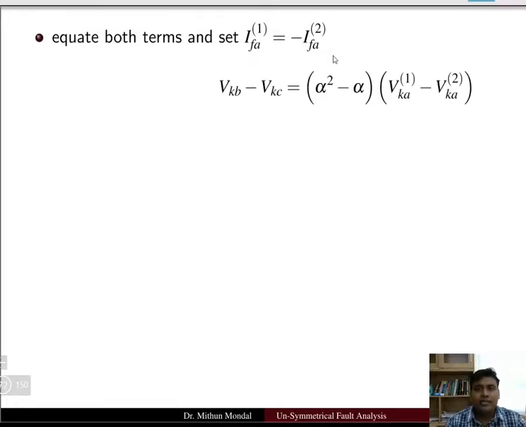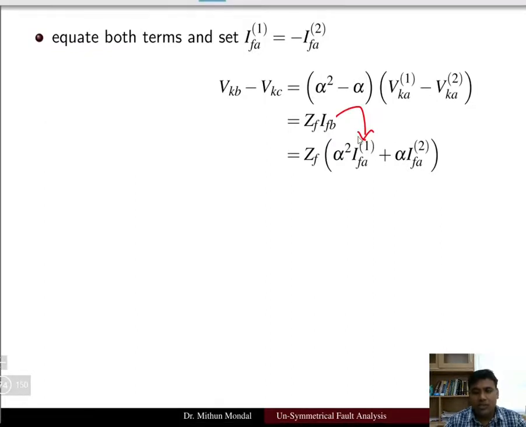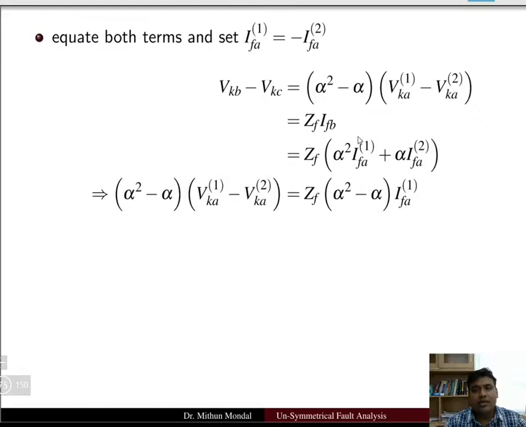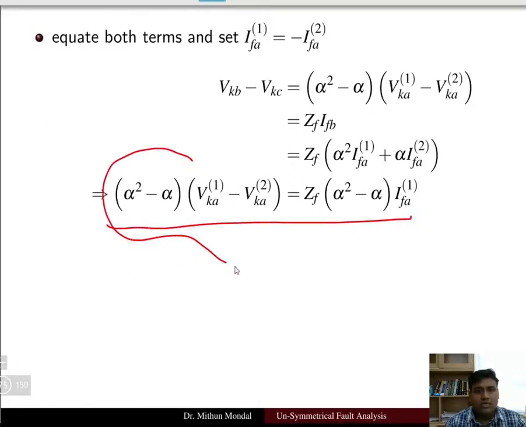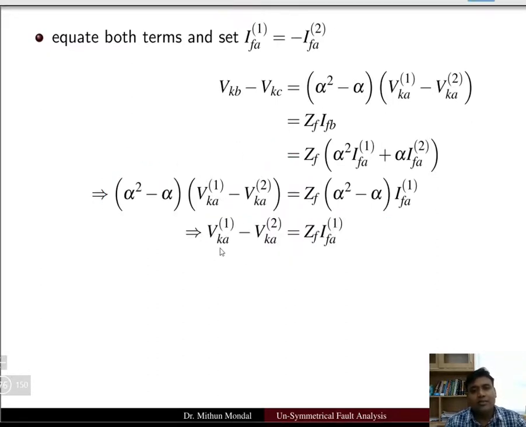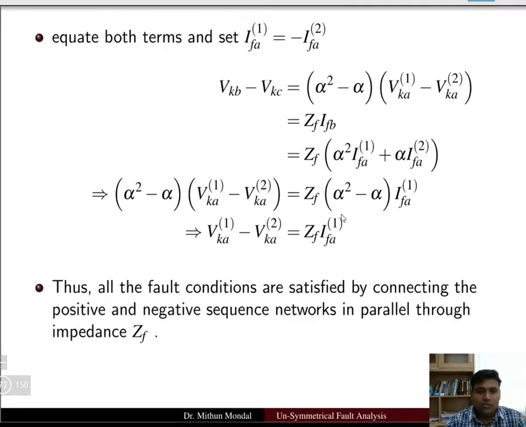If we equate it, then we get this equation, which is equal to ZF into IFB. Now this is further broken up into the sum of positive and negative sequence currents, and if we equate this, because this term is equal to this term, we get that the positive sequence voltage minus the negative sequence voltage of phase A is equal to ZF into the phase A current of the positive sequence.